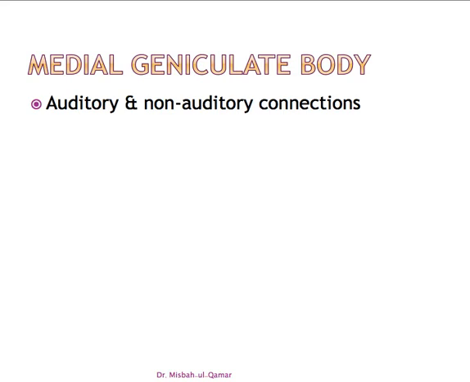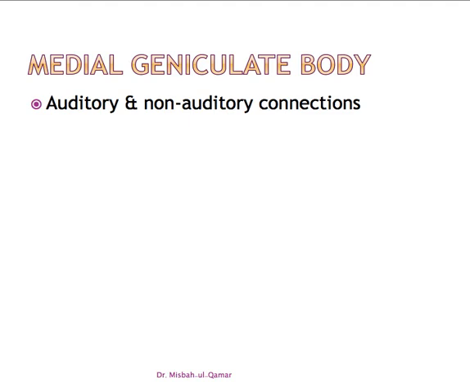So, the medial geniculate body is present in thalamus, and this also has three parts: ventral, dorsal, and medial. The ventral part has three subnuclei, and dorsal part has 10 subnuclei.